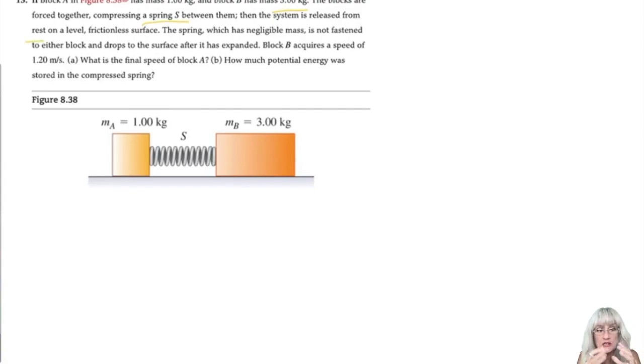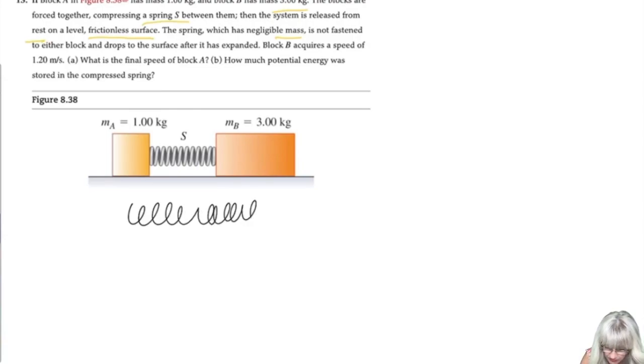The friction is 0, it is a frictionless surface, and the mass of the spring is also negligible. Block B acquires a speed of 120. So let me show you. When it's released, the spring stretches, and block B acquires a speed of 120 meters per second.